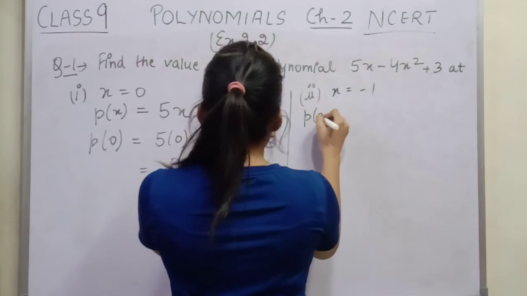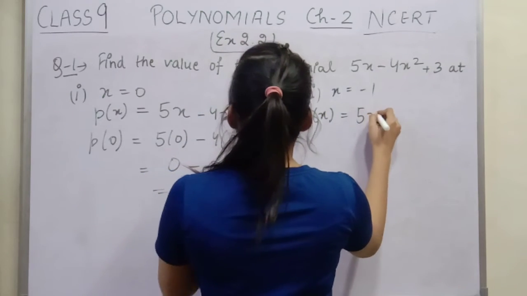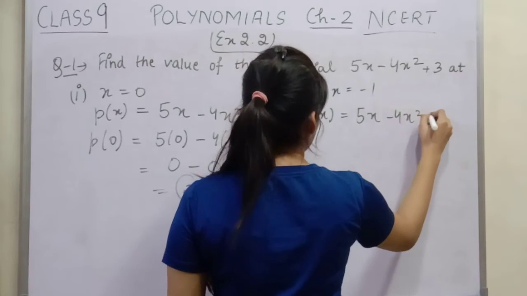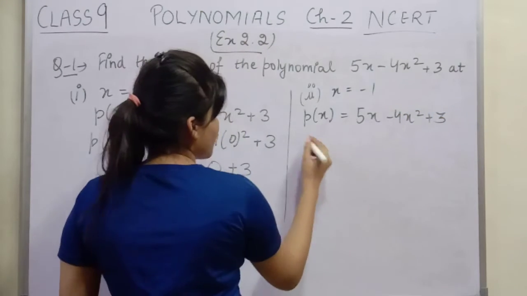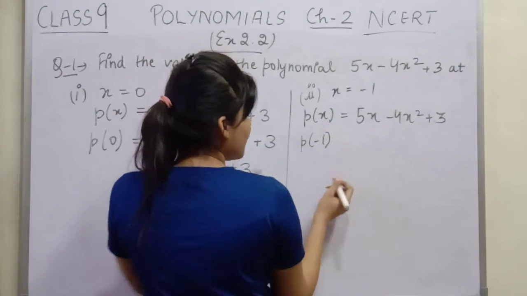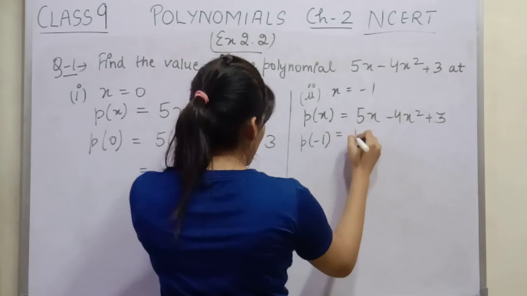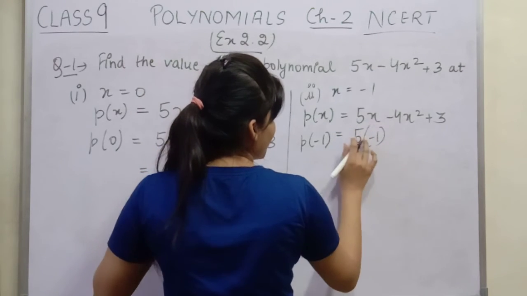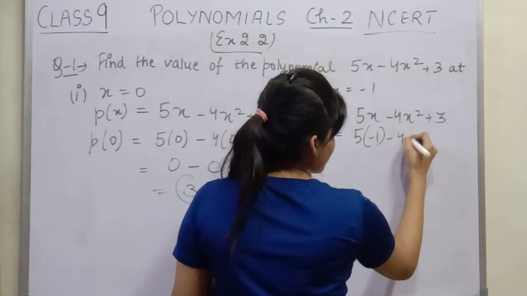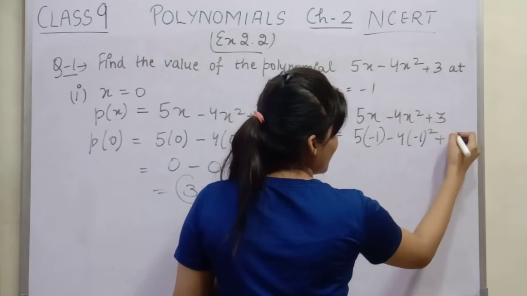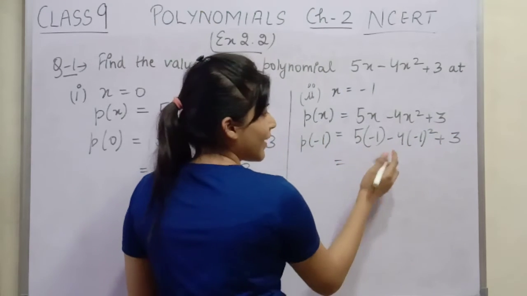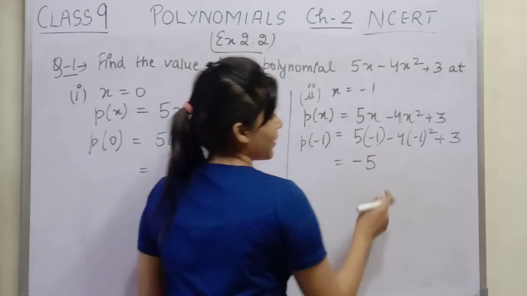So again we'll write p(x) equals 5x minus 4x square plus 3. At x equals minus 1, we'll put it in place of x. So this will be 5 into minus 1 minus 4 into minus 1 square plus 3 as it is. So 5 into minus 1 will be minus 5.